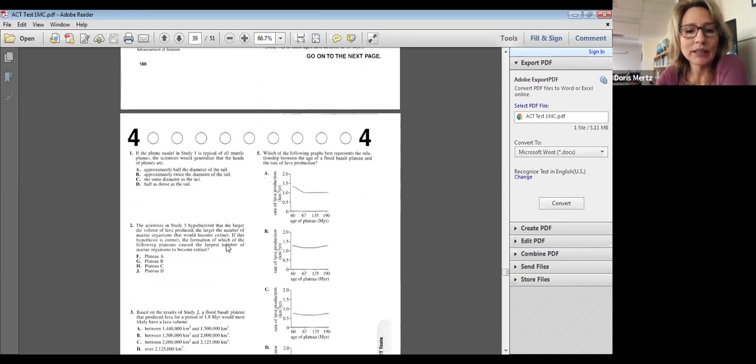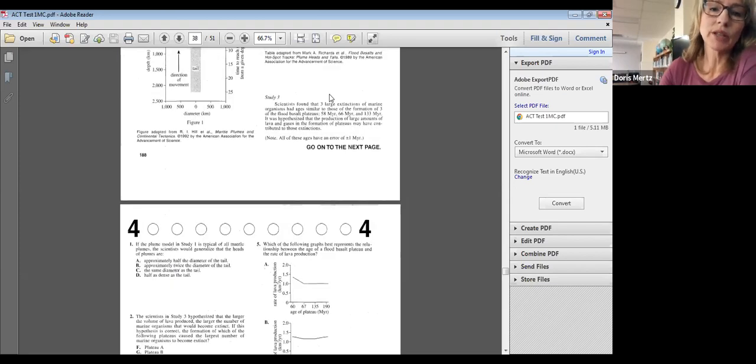All right, the scientist in study 3, so that's a locator. We know that some of the information we may need is there, but they hypothesized that the larger the volume of lava produced, the larger the number of marine organisms that would become extinct. If this hypothesis is correct, the formation of which of the following plateaus caused the largest number of marine organisms to become extinct?